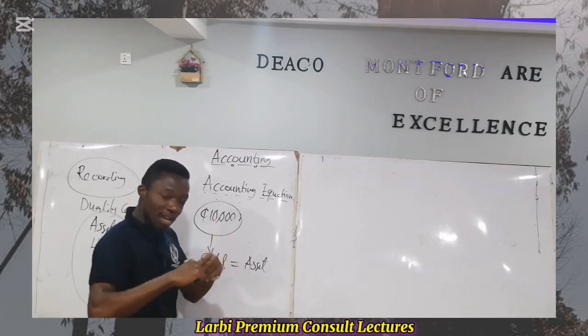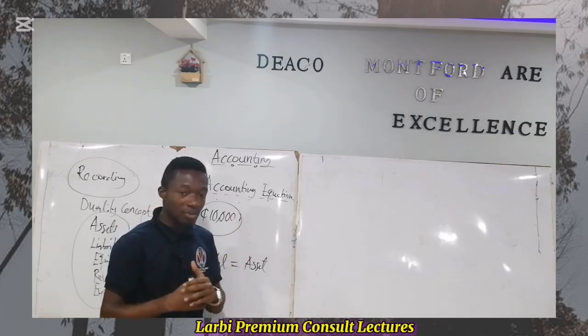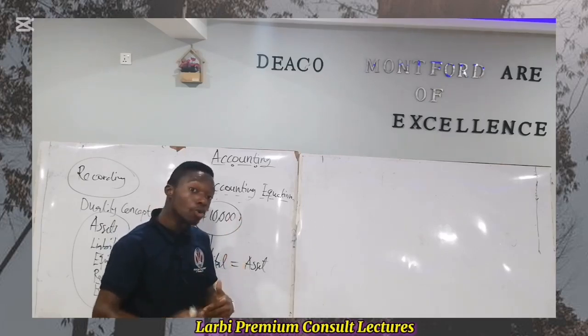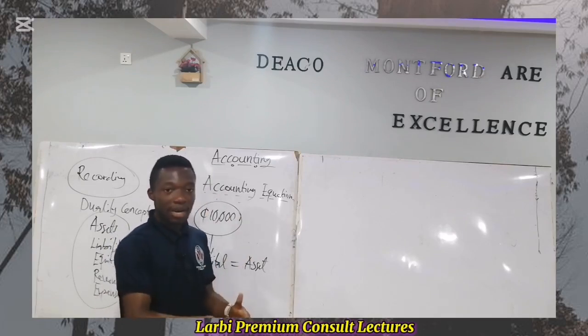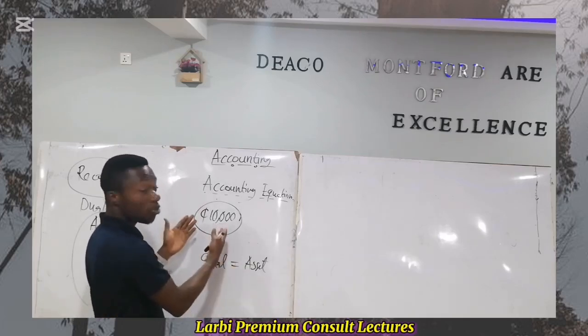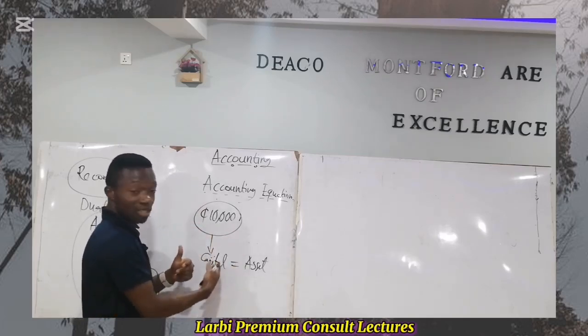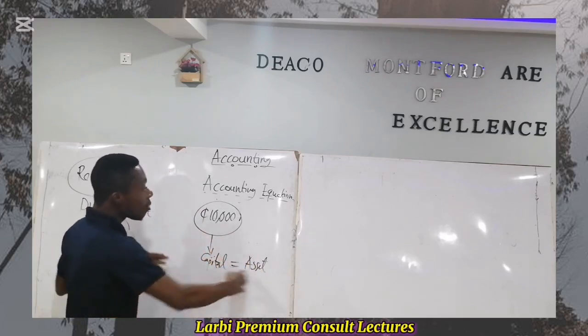If you remember, in our summary definition in our previous lesson, we said that assets are resources controlled by the entity. The business management is going to run the usage of the asset that you brought. So to you, it's referred to as capital, but to the business, it's referred to as an asset. So this is what we call the accounting equation.